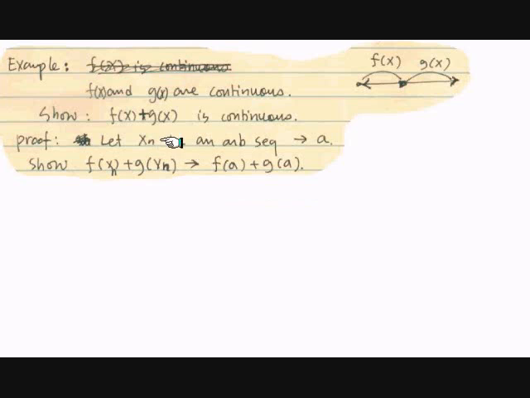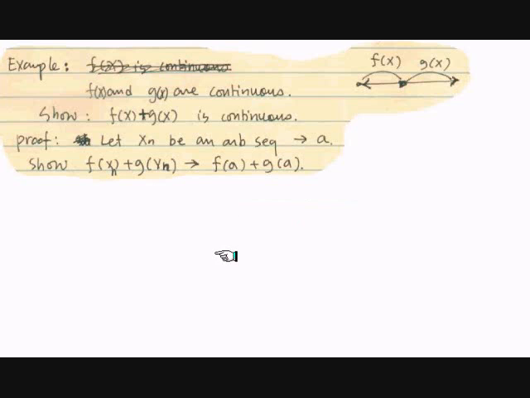So we start with the xn. If we want to show a function is continuous, that means for an arbitrary sequence we have the property that was described in an earlier slide. So we start with an arbitrary sequence that approaches an arbitrary value a.